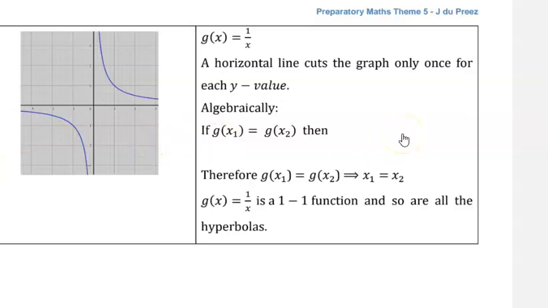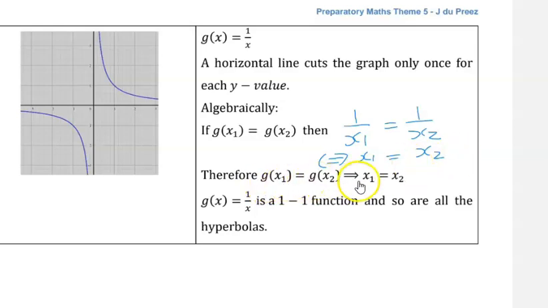So if I have g of x1 equal to g of x2, then we can see that 1 over x1 is equal to 1 over x2. But that can only happen when x1 is equal to x2. If the y values are equal, then the x values will be equal.